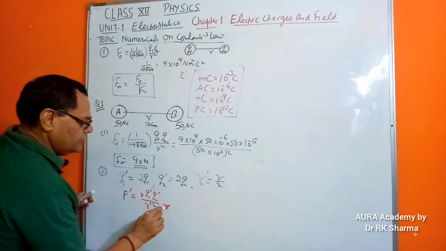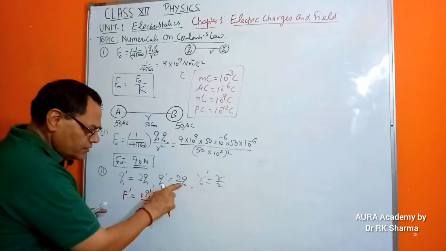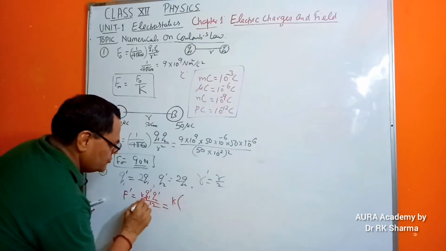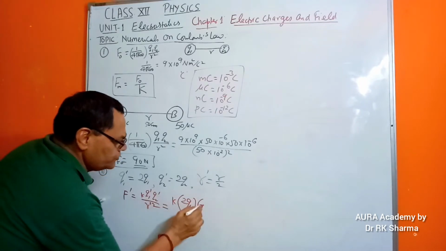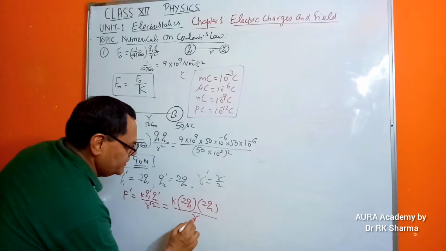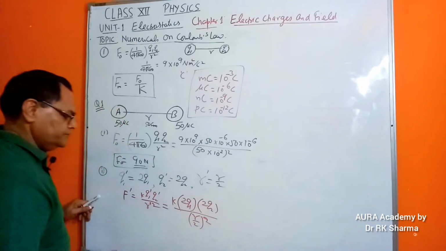Now let us substitute because we do not know the direct values here. So that is k, Q1 dash is twice of Q1, Q2 dash is twice of Q2, R dash is simply R by 2, it is becoming half, but squared.